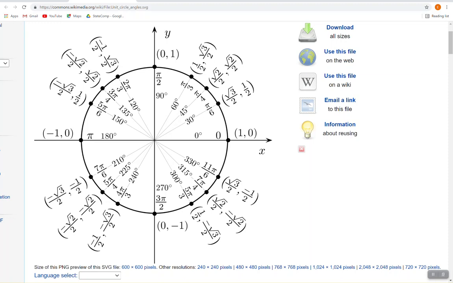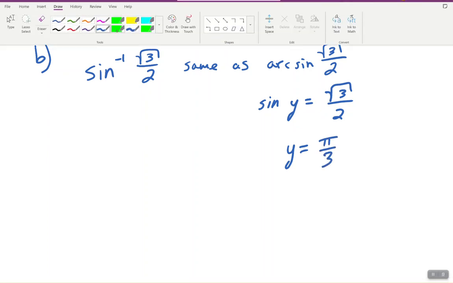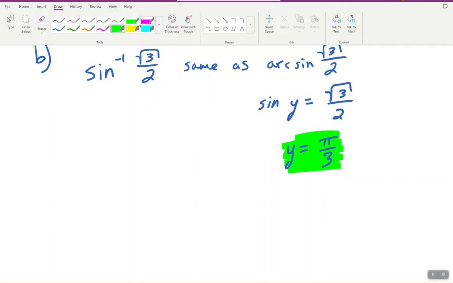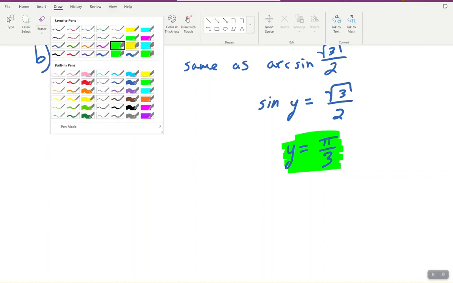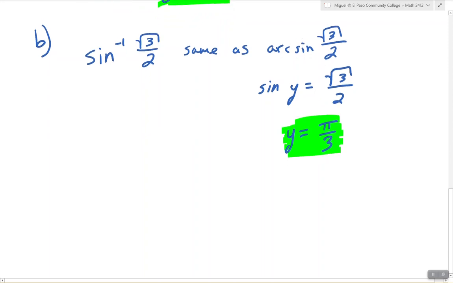So square root of 3 over 2 and the y value is at 60 degrees. That's π/3. And π/3 is within that interval that we need. Good. Be careful there, of course, because sometimes people will choose the x value by mistake. But remember, that's for cosine. We're looking at the y values in the unit circle for sine.